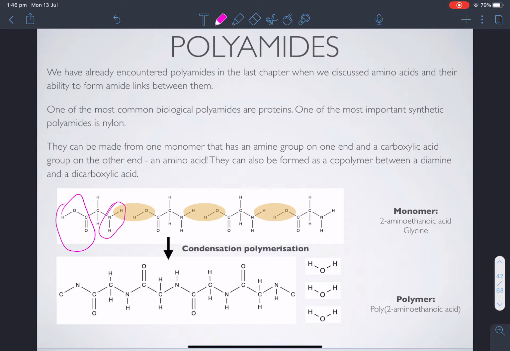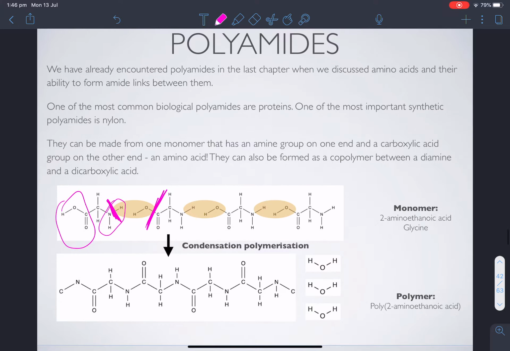Look at this molecule. This molecule is called an amino acid. Okay? And you get a condensation reaction where you break that bond there, and you break the carbonyl CO, and you end up with H2O left over.